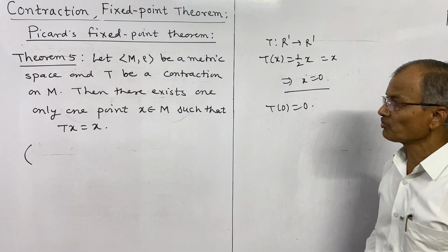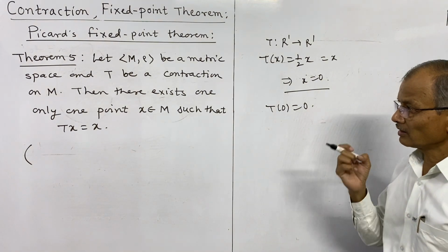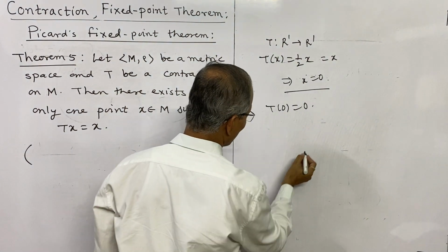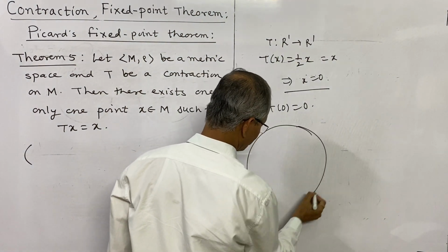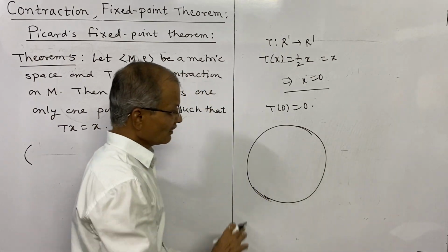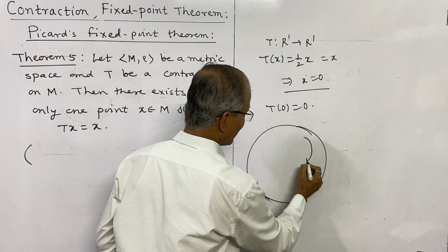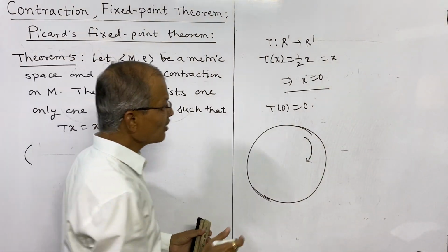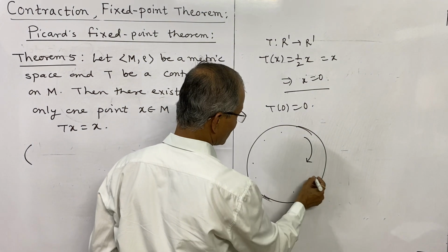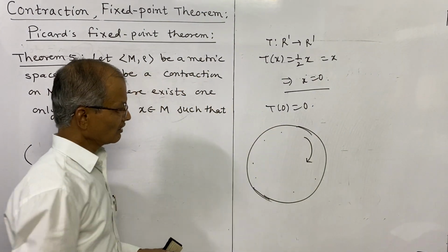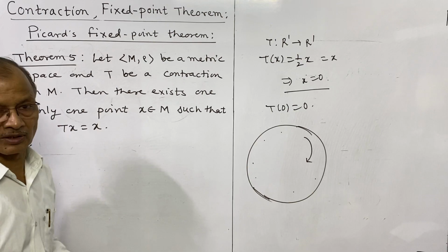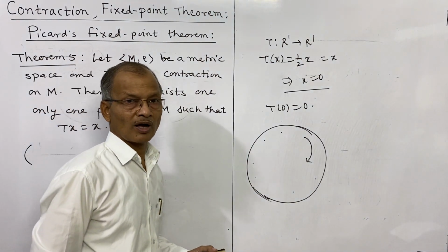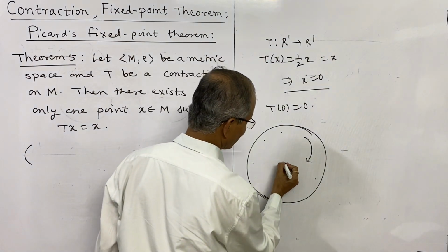The meaning of fixed point in real problems is this: if you consider a disc rotating, or a fan, suppose it is rotating in the clockwise sense, then every point of the disc rotates in the clockwise direction, but one point does not move, and that point is the center.